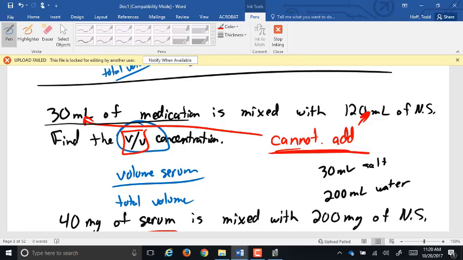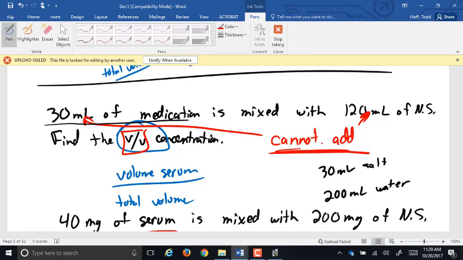If you knew the density, like if you said it was 30 milliliters of urine mixed with 120 milliliters of NS, well, urine and saline, they don't have a volume loss when they're mixed together. No, you don't have to know.